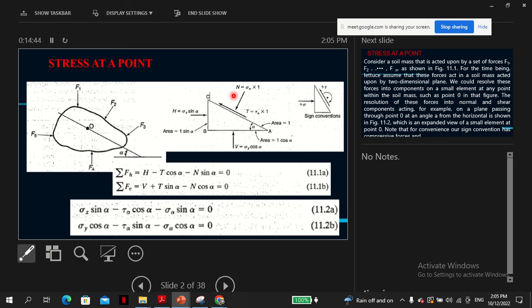This is a little mathematical, and here we only need to understand the meaning, especially sigma 1 and sigma 3, where sigma 1 is sigma x and sigma 3 is sigma y, and what they mean in terms of the Mohr circle. There's some math in between, which we will skip because this is not a math class, but the principle is important.